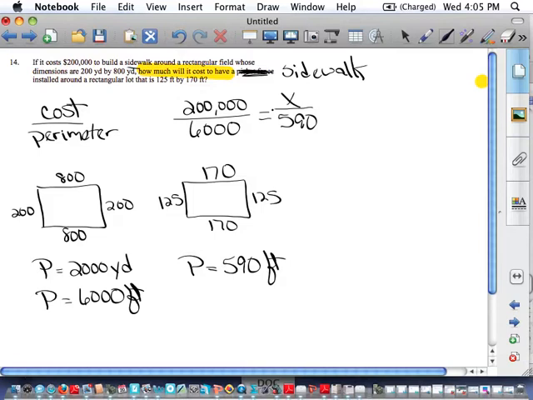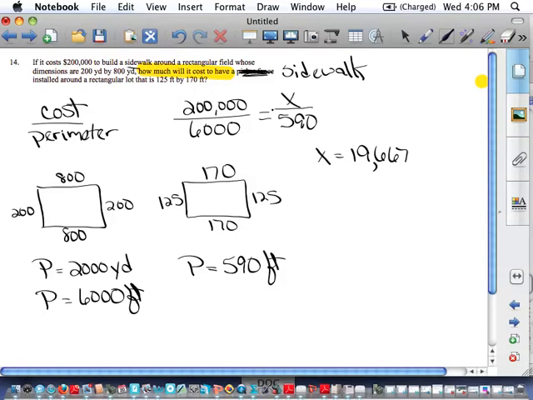So I multiply 200,000 by 590 and then divide by 6,000, and I get $19,667. So the cost of that sidewalk would be $19,667 when you cross multiply.